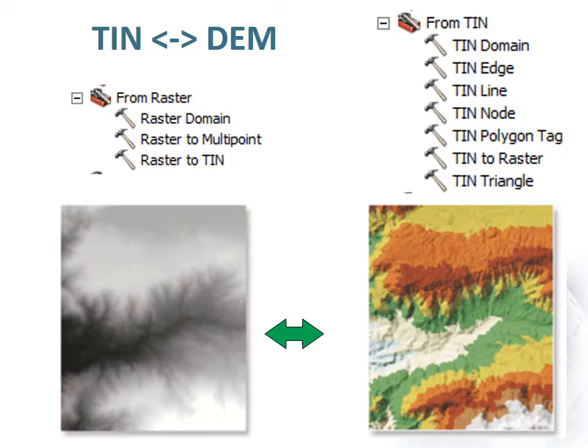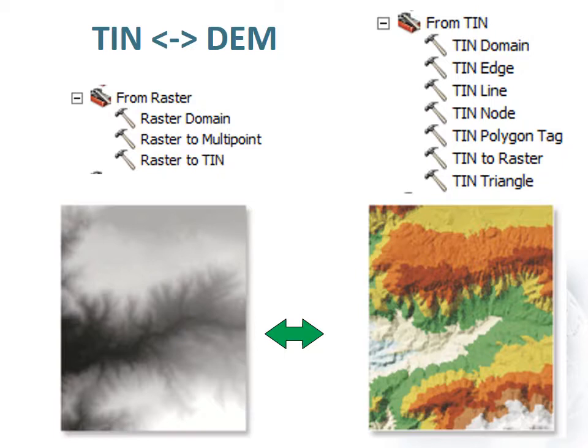So be careful if you decide to use these tools, and only create a DEM from a tin if you absolutely need to for any particular reason. I would strongly recommend that you only create tins from an original DEM and then leave it alone. Don't do the other tool. Don't go back and create another DEM and get into a cycle of doing those types of things. You're going to create lots and lots of error in your data sets.